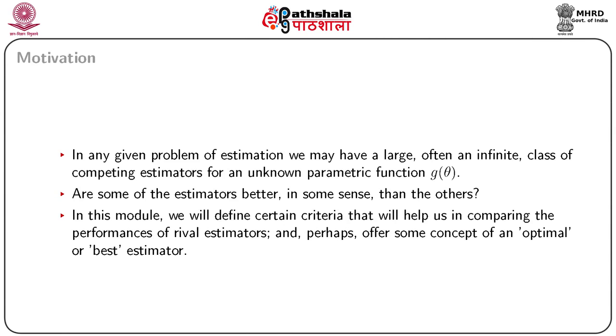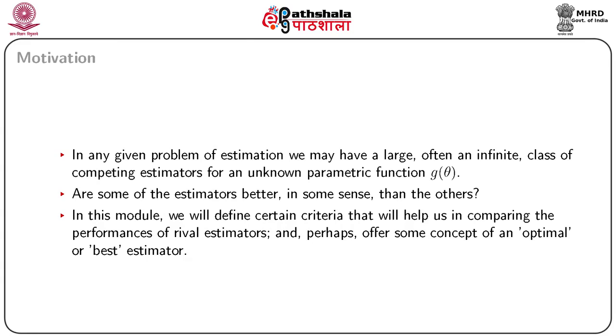In this lecture, we shall consider some properties of point estimators. In any given problem of estimation, we may have a large, often an infinite class of appropriate estimators for a given parametric function, say g theta, of the unknown parameter theta.